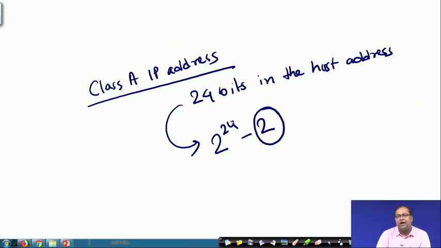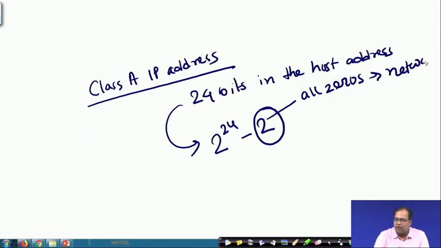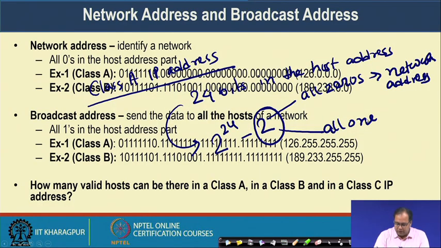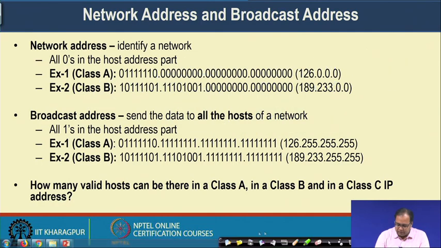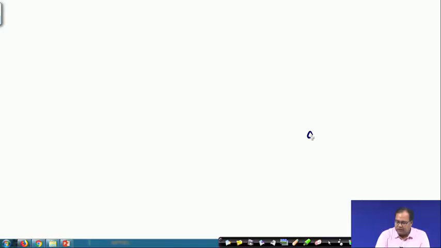These two are omitted: all zeros in the host address part, which denotes the network address, and all ones, which denotes the broadcast address.